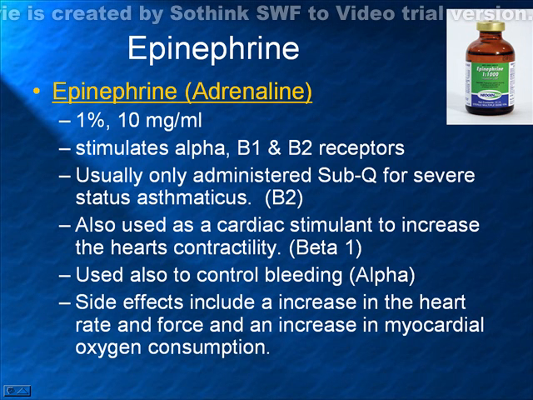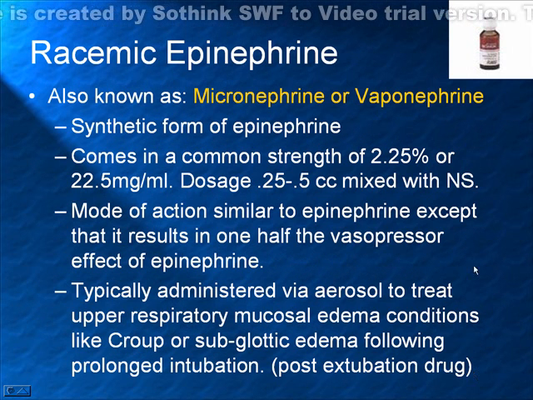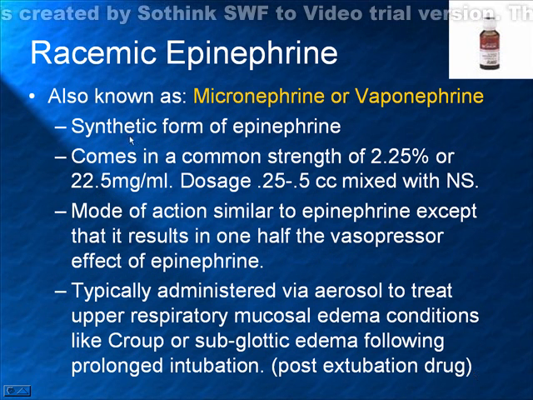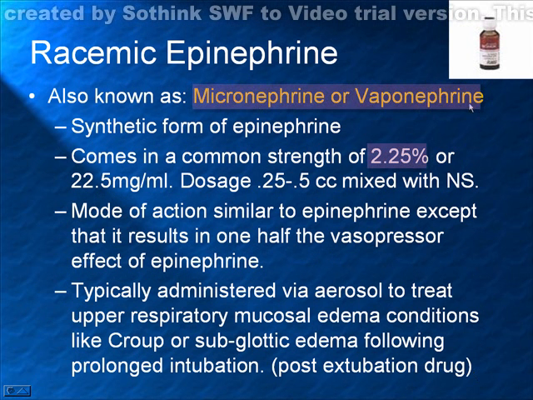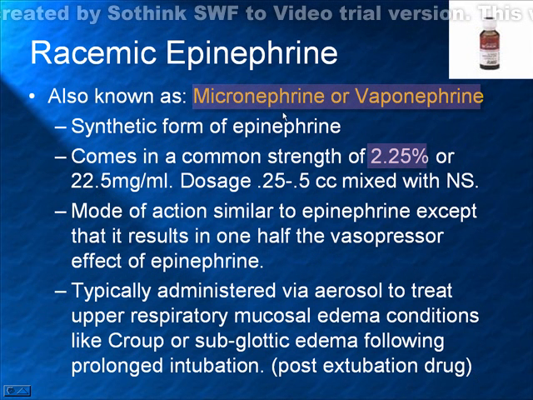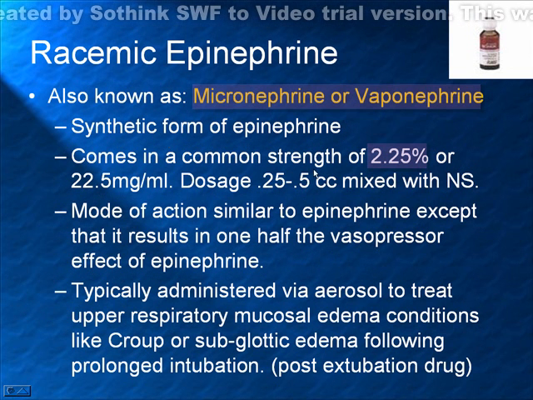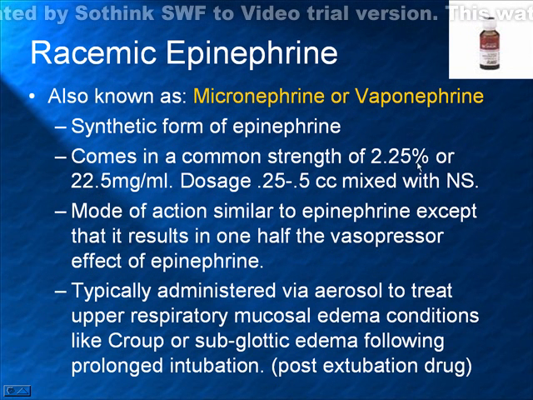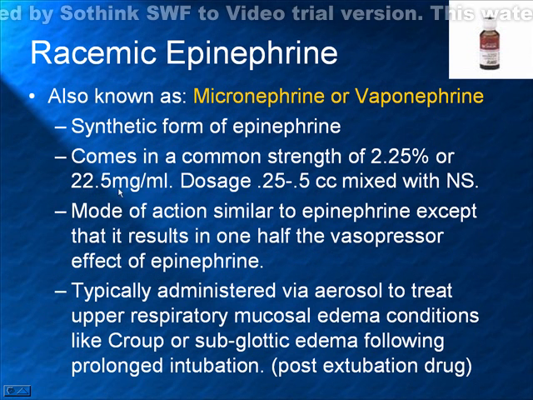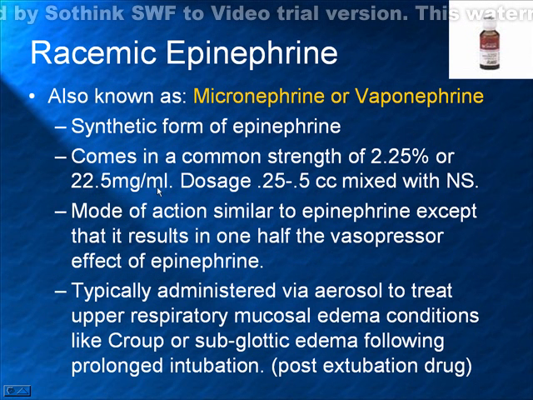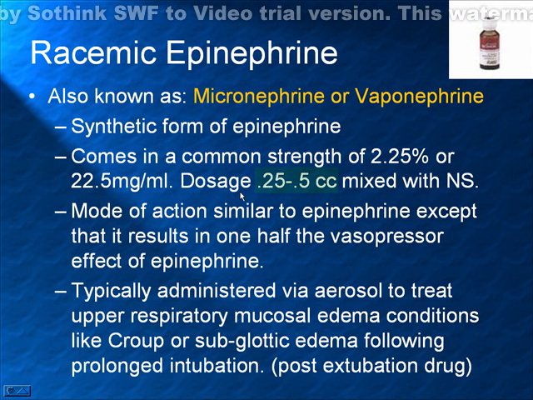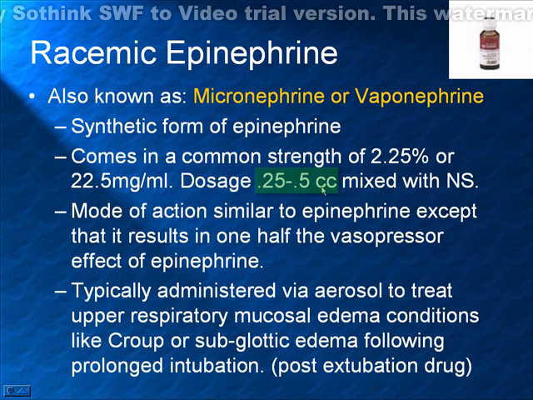Okay, our next drug is racemic epinephrine, also known as micronephrine or vapornephrine, and it is a synthetic form of epinephrine, and it comes in a common strength of 2.25% or 22.5 milligrams per milliliter. The typical aerosolized dosage is 0.25 to 0.5 cc's mixed with normal saline.